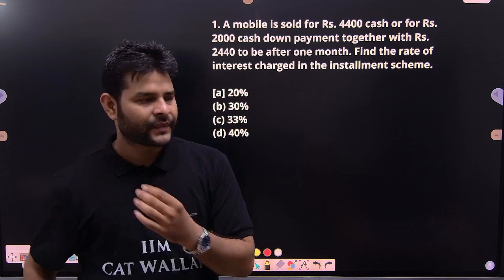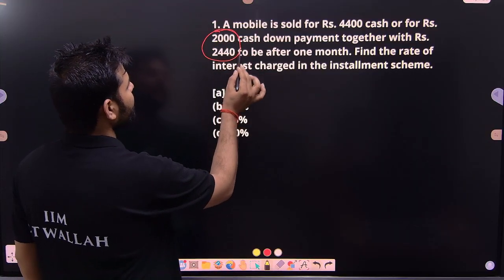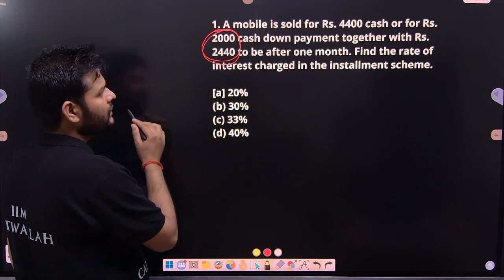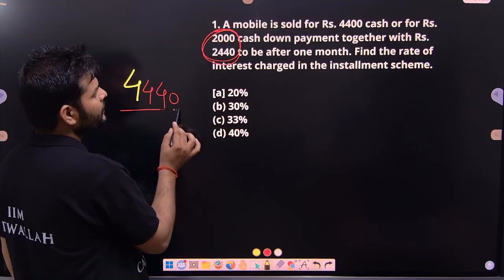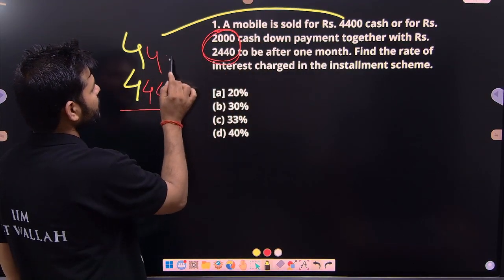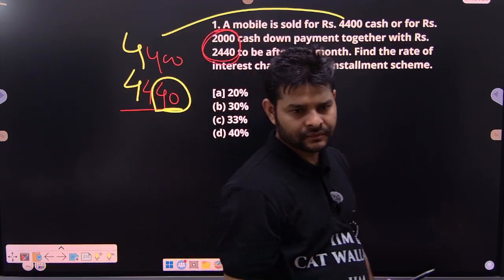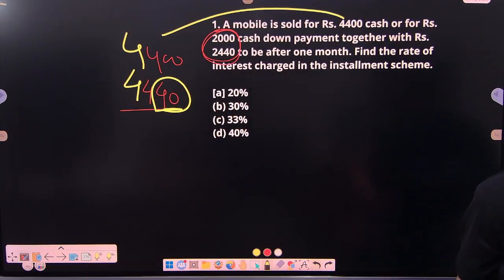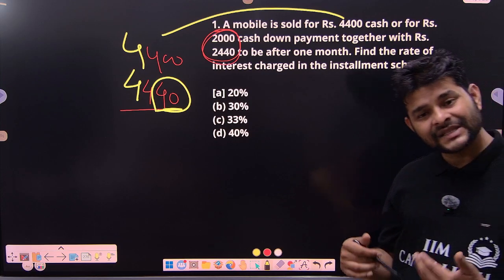So basically 2440 and 2000 would be 4440. But the real cost was 4400. So what is this 40? This 40 is the interest on the rest of 4400.